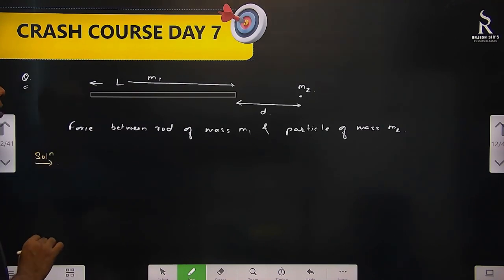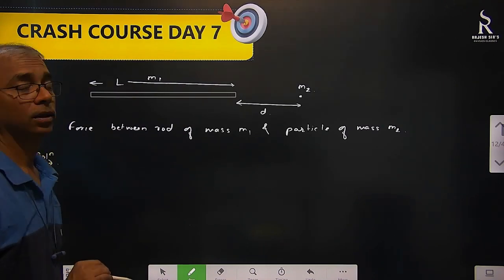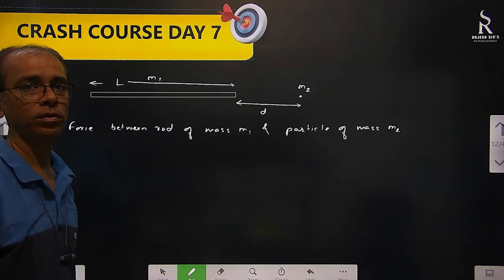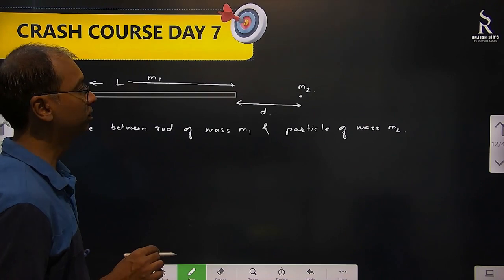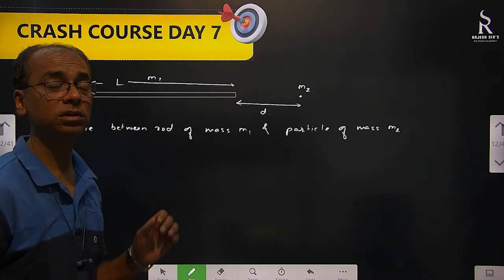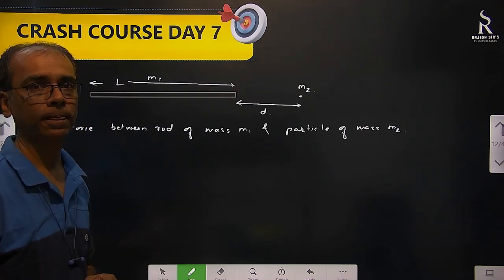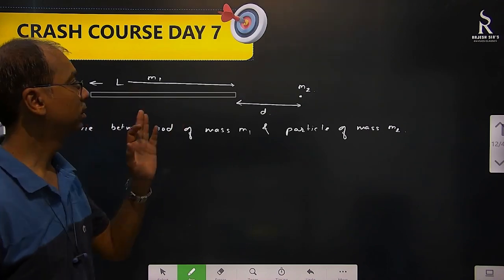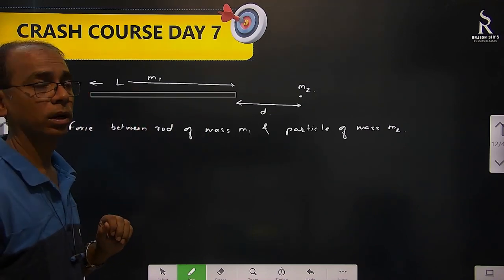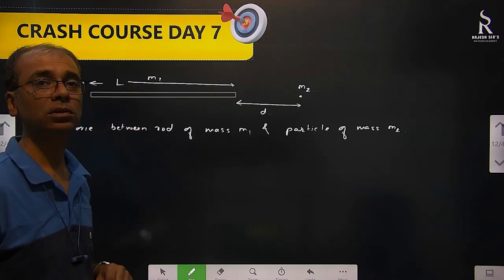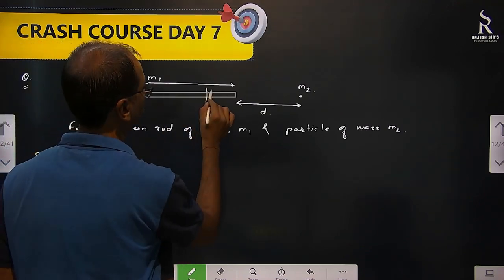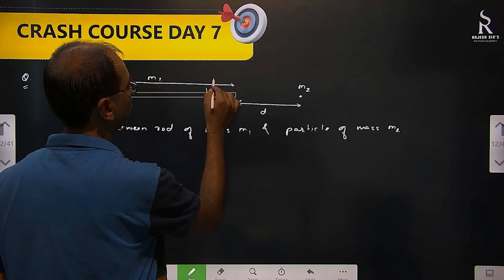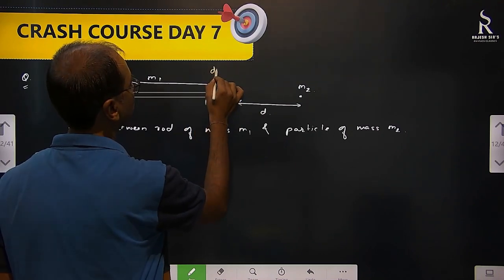The law which defines gravitation force is Newton's law, and Newton's law is defined for a particle system, that means two particles. But this is not a particle, this is a rod, and mass is distributed throughout. So what to do in this case? Take a small particle which we can say is a particle. So this is dm.